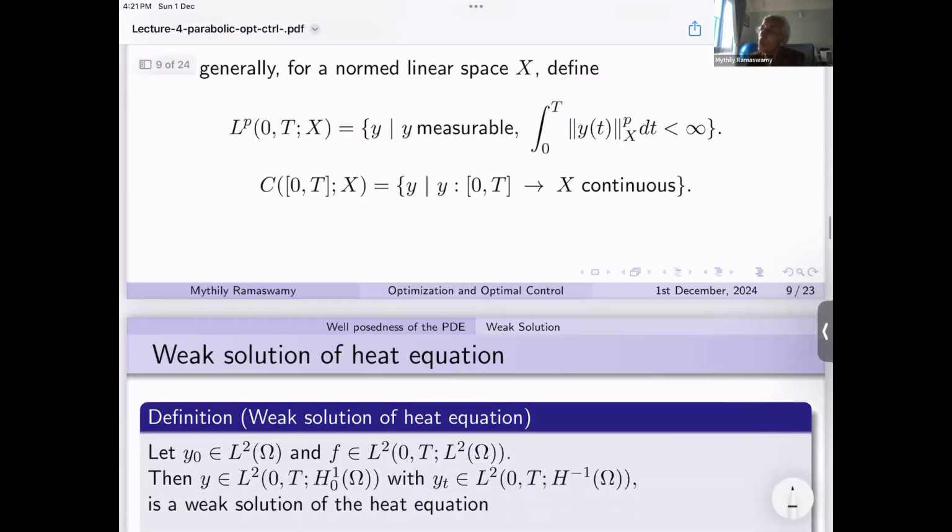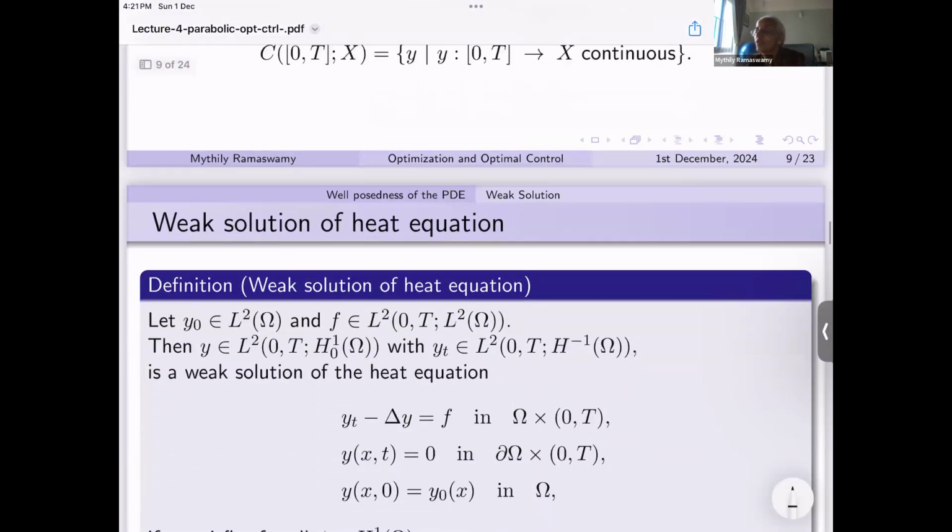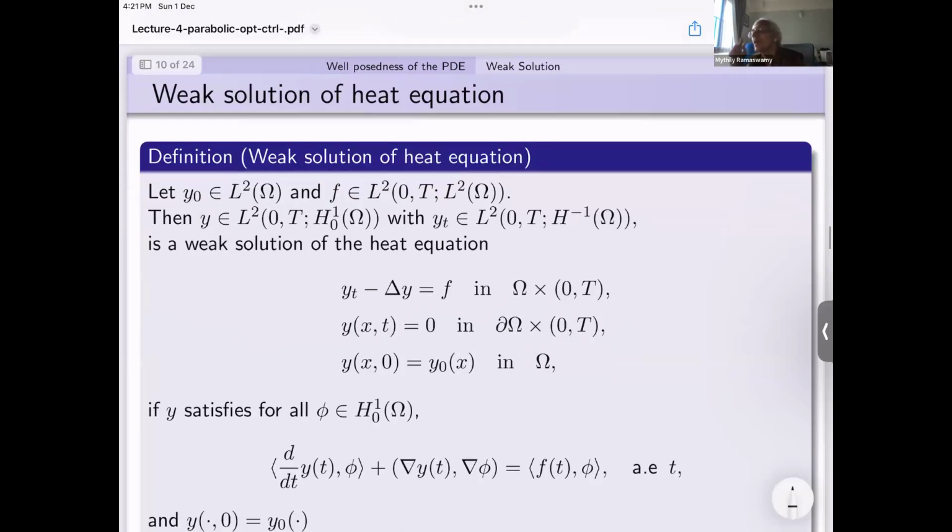Now I will go to the weak solution of the heat equation. Like we did for the Laplace equation, I am going to integrate with the test function and then interpret the integral identity. Okay. So let y0 belong to L2 of omega. f is given, the right hand side, which is now in L2 of (0,T; L2 of omega).